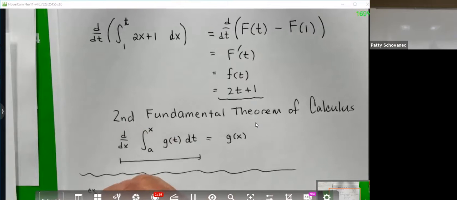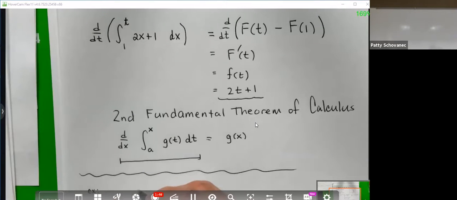So for example, let's find the integral of the sine of t to the fifth.